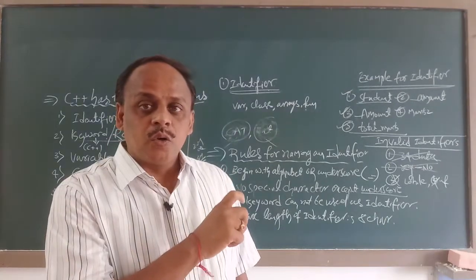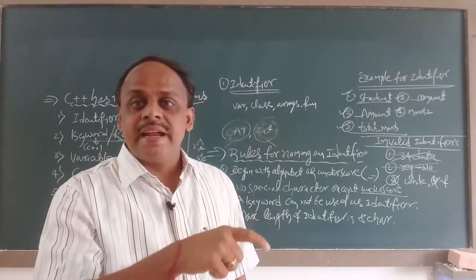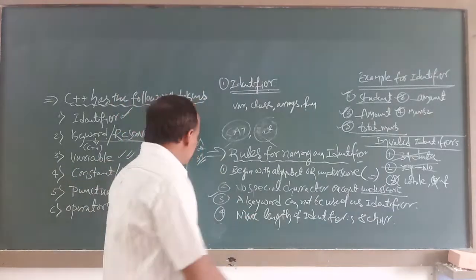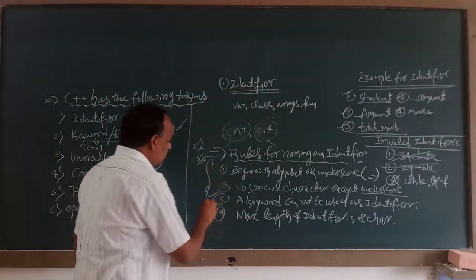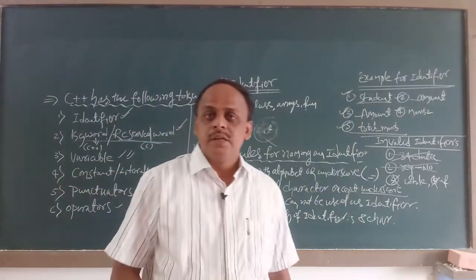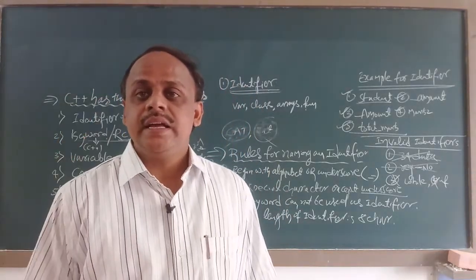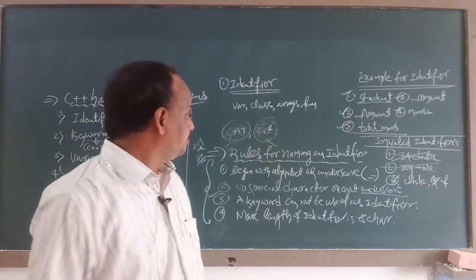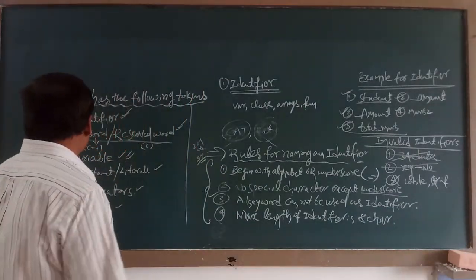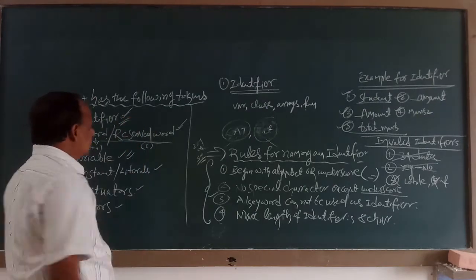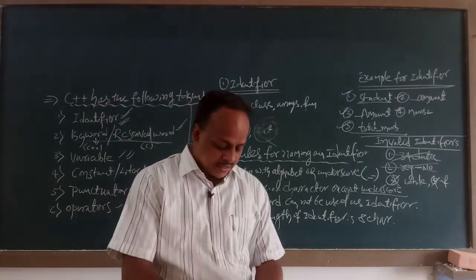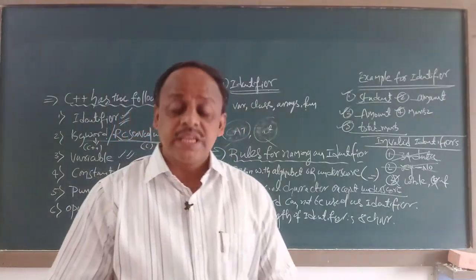From this what we conclude is, while naming an identifier we have to follow these rules, right? By following those rules we can define a valid identifier. So the first one, identifier, is over. Now let us consider the second one, that is keyword.